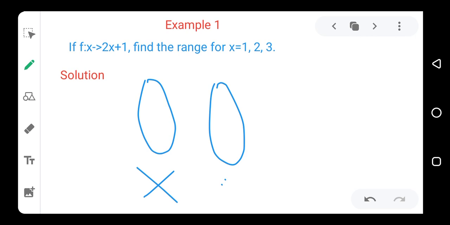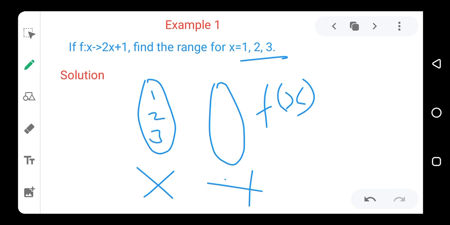So if y represents a set, the values inside it will be equal to f of x. So for each value in x, the x values are 1, 2, and 3.